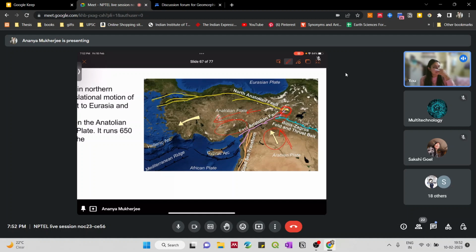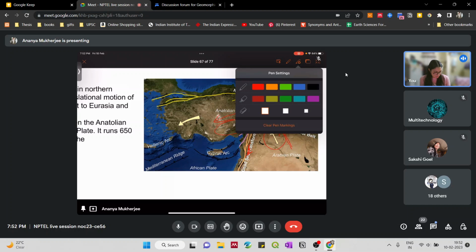These are the different kinds of faults and features that are present over here. So the entire reason for the Turkey earthquake is the tectonic processes: strike slip faulting, transform faulting. It's because this plate is moving like this, and this plate is moving like this, and there is a transform fault here. Sorry, this will not move like this, this will move like this.